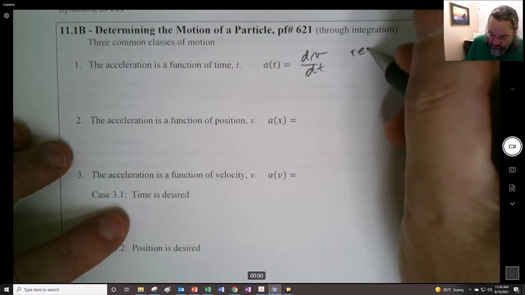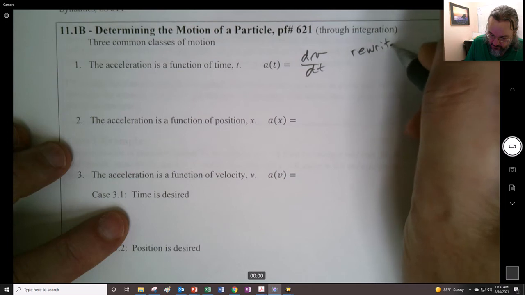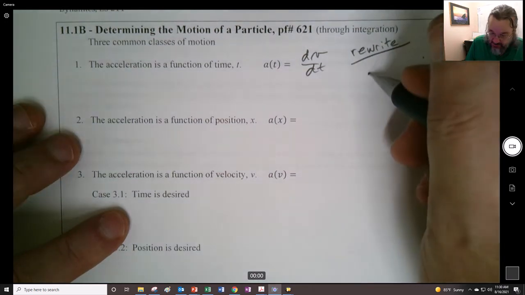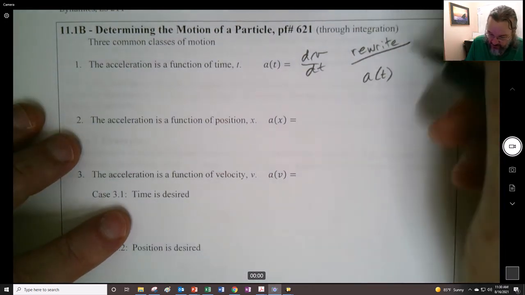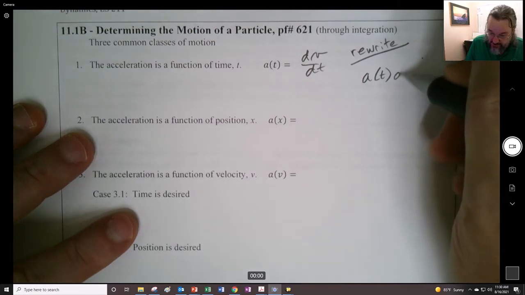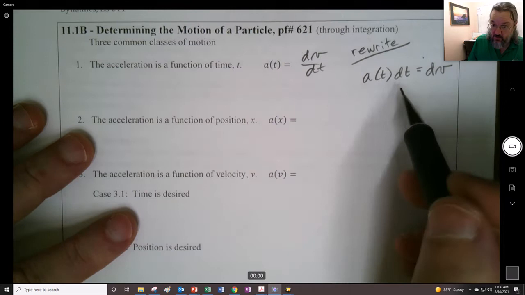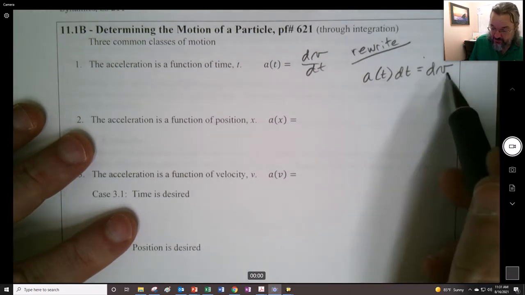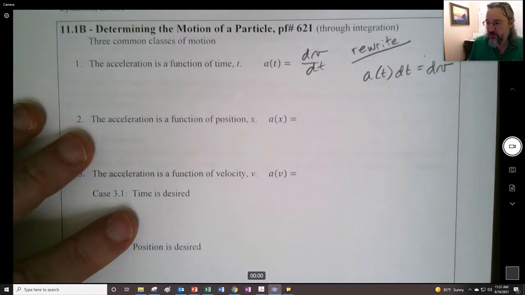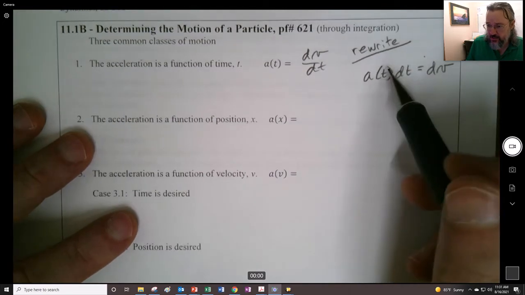So we rewrite this as the acceleration as a function of time, dt, is equal to dv. And then what do we do? We integrate this. Hopefully we know the limits that are going on right there.